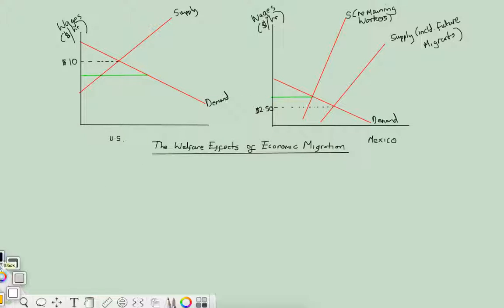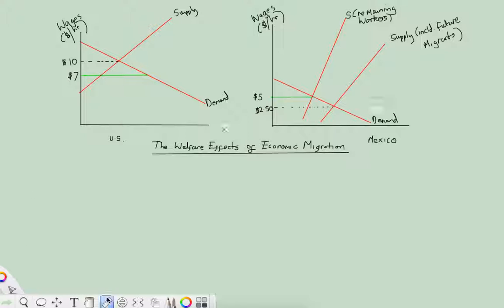Let's make up some numbers. So let's say they go up to perhaps $5, and wages in the US are pushed downwards by the influx of new workers from Mexico. So wages in the US fall by $3 down to $7.